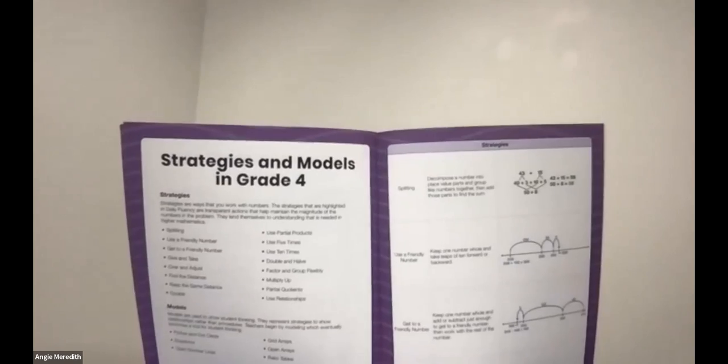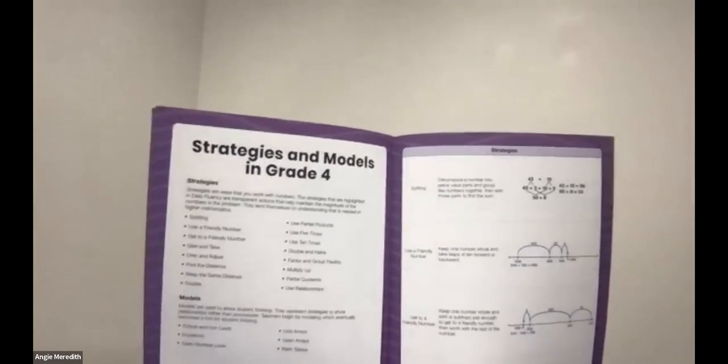This Getting Started guide is your teacher guide, and it's going to explain all of the strategies and models that you'll be using for your particular grade level. It's also going to give you a nice refresher and explain, again, the number strings and math talks that you're going to be using. It's also going to include all the instructions that you need.